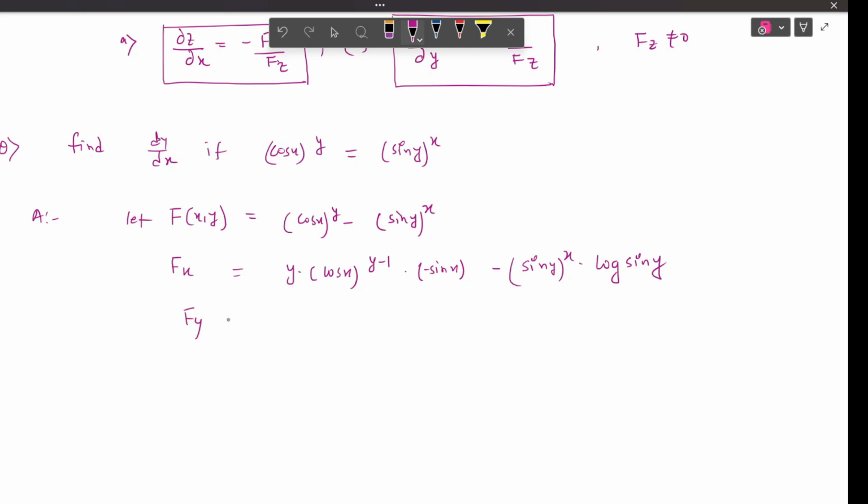Similarly, we can find out f of y, that means delta f by delta y, keeping x constant. So here it would be cos of x, which is a, so a to the power y.